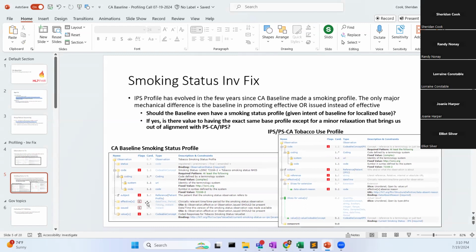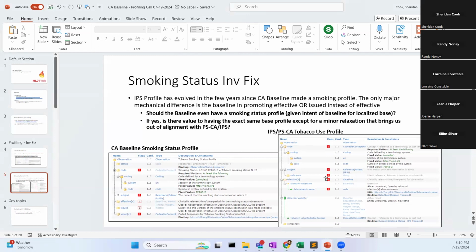In the baseline, the way I read this, it is actually more flexible than the smoking status profile in IPS. If we don't want to maintain that degree of difference, do we have a reason for having a base that is otherwise duplicative of these rules?